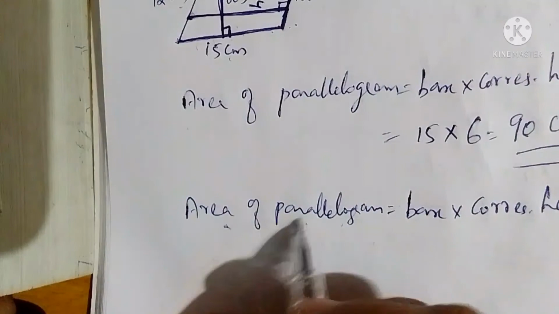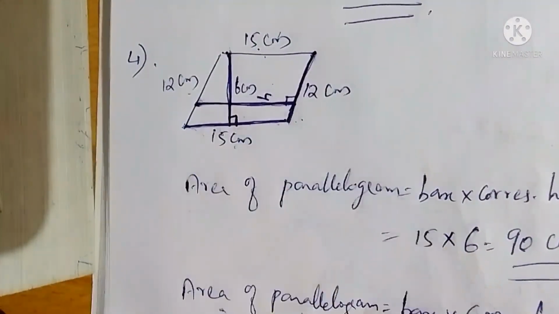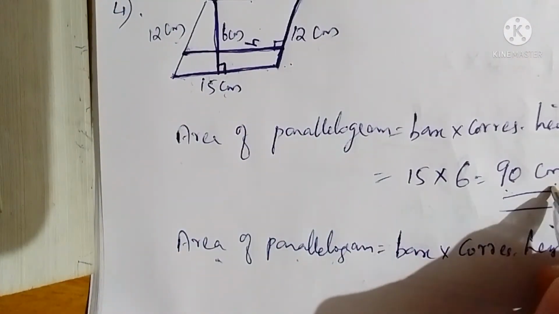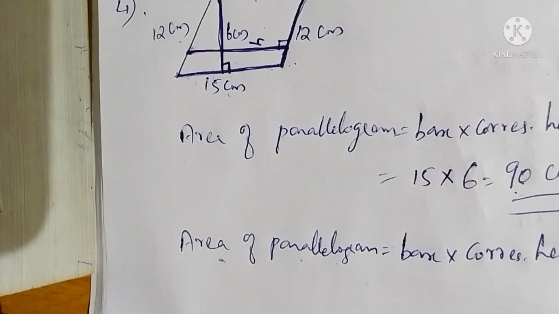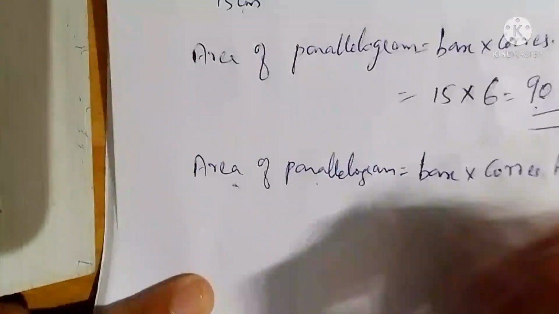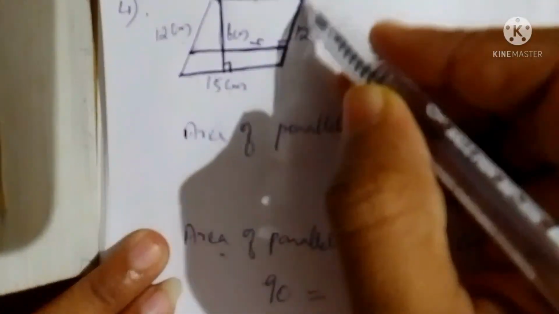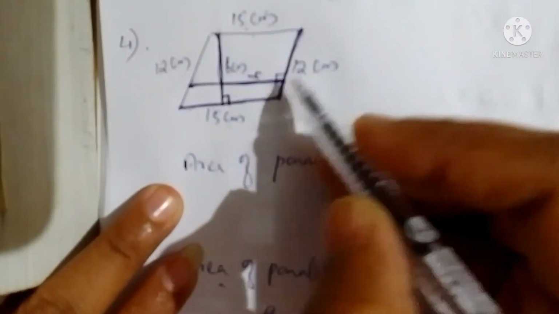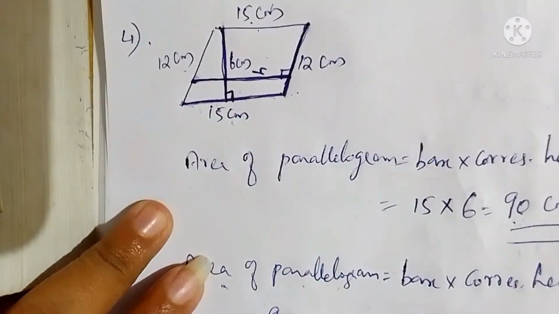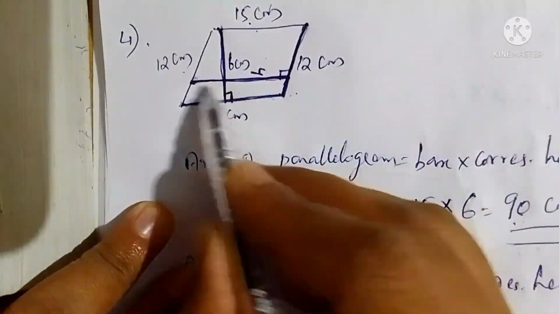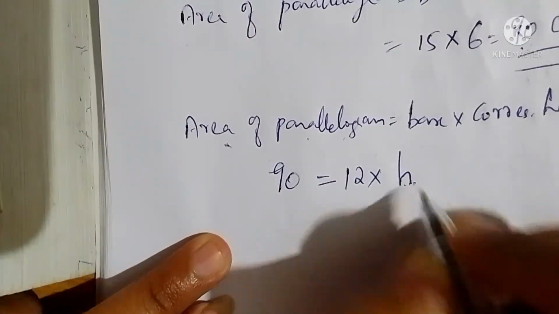Now the area of this parallelogram we already found as 90 centimeter square. Whatever the base, the area will be the same. So 90 equal to base, we take it as 12 centimeter, into corresponding height h. We need to find this h.